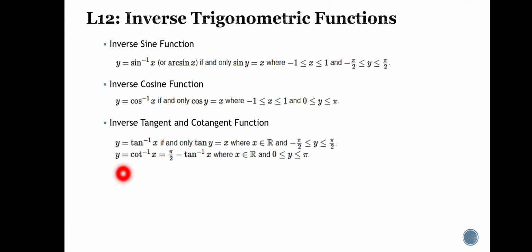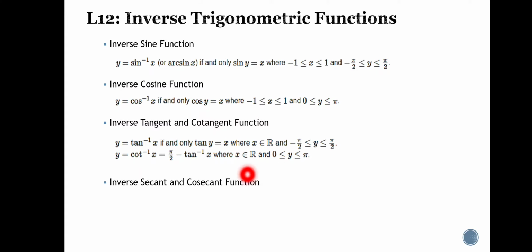And for arc cotangent, we have y equals arc cotangent x, which will be equal to pi over 2 minus arc tangent x, where x is an element of the real numbers and y should be from 0 to pi only. That would mean for tangent, the value of y should be from negative 90 to positive 90 degrees, and for arc cotangent, it should be from 0 to 180 degrees.